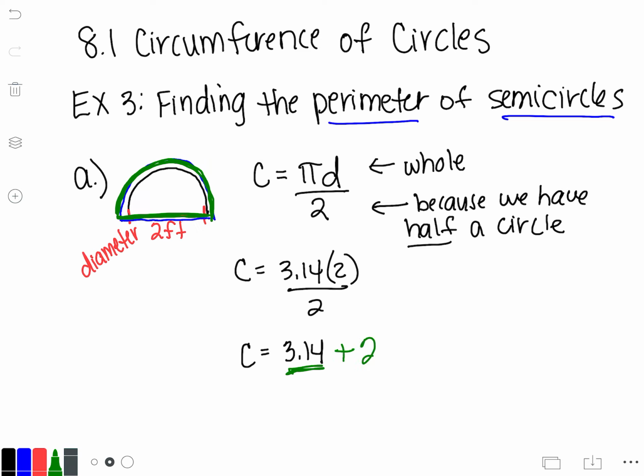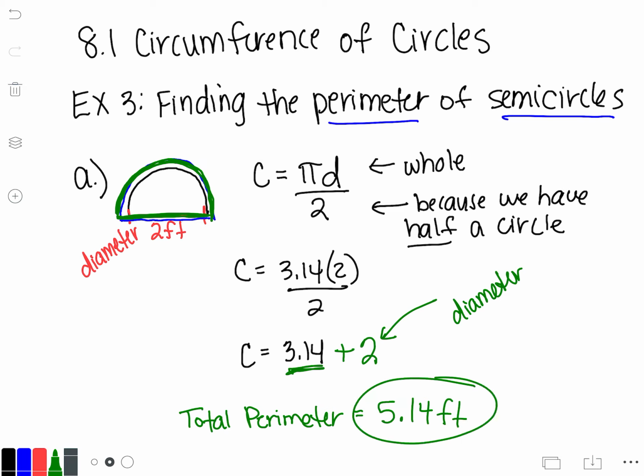So I'm going to put plus 2, and I would make a note for yourself, which gives us our total perimeter. So total perimeter is 5.14 feet.